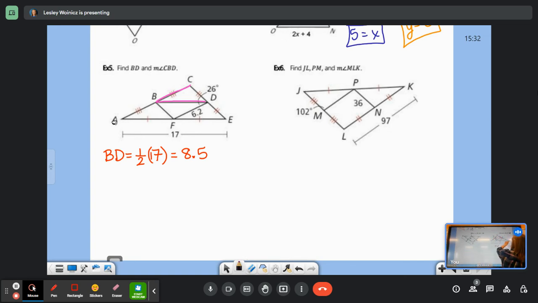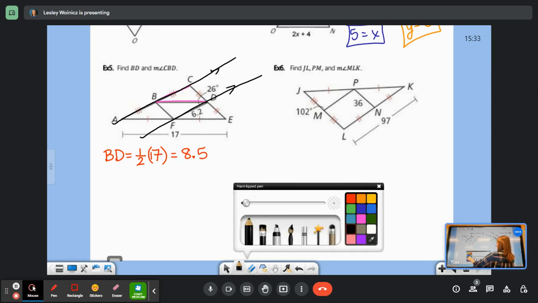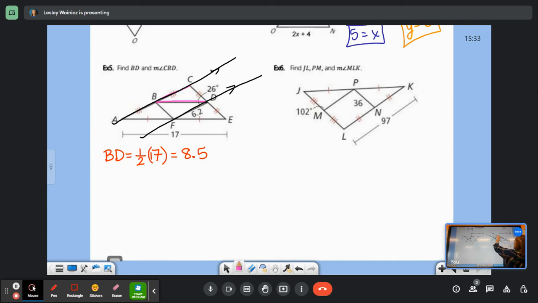Look at this. These lines, because I've got a midsegment and a side, they are parallel, which makes the angle that we want, CBD, and this angle that they gave us, BDF, a special kind of pair.